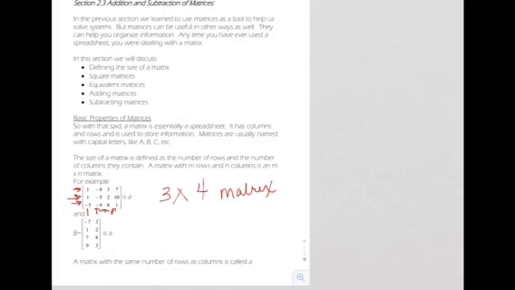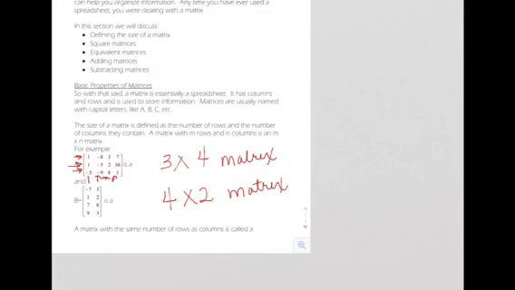Matrix B has 1, 2, 3, 4 rows and only 2 columns. So this is a 4 by 2 matrix. And again, columns go up and down like columns or pillars of some sort, and rows go left to right. A matrix with the same number of rows as columns is called a square matrix.